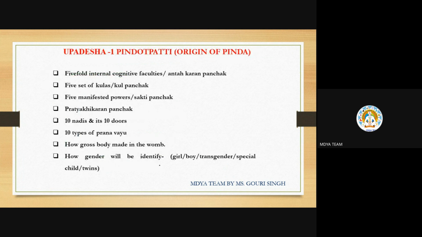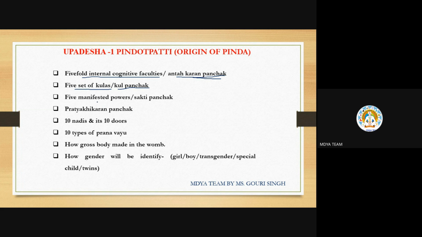Whenever this Garbhapinda comes into being, 5 folds of internal cognitive faculties are added, which are called the Antahkaran Panchak. Here everything you will get as Pancha, which means 5 things. Antahkaran Panchak is added to that Garbhapinda. Then Kul Panchak, the 5 set of Kulas, is added.